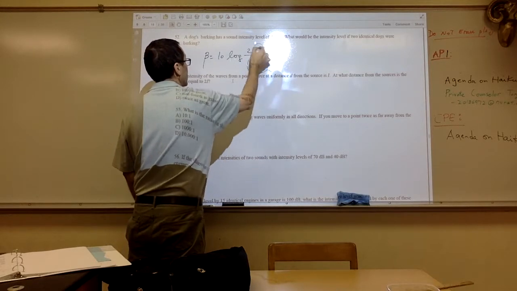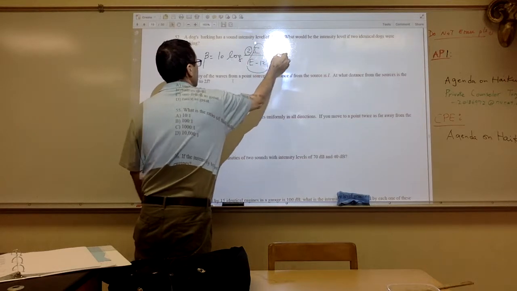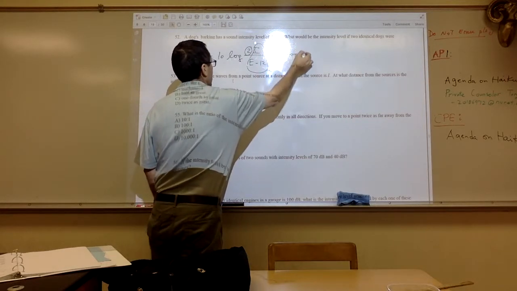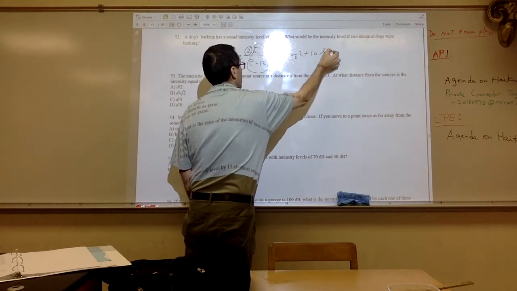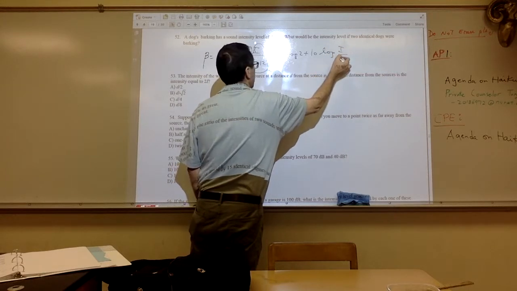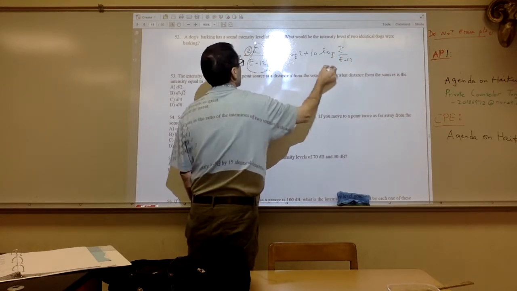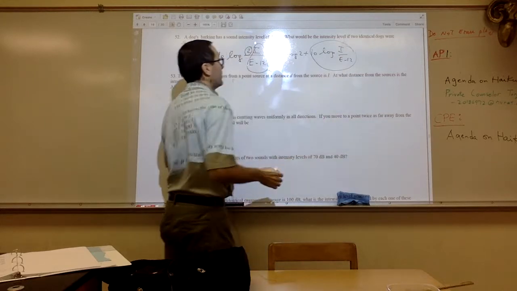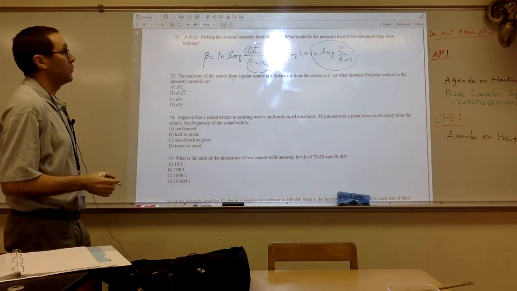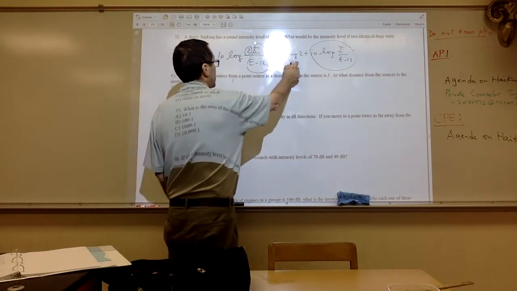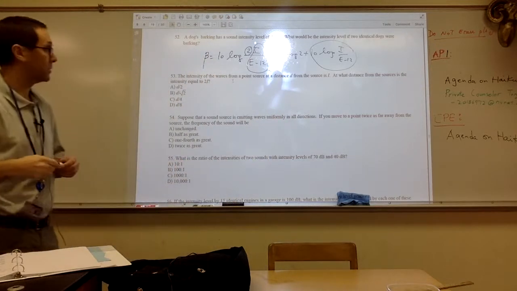So if you separate this, it's going to be 10 log 2 plus 10 log I over 10 to the negative 12. Now this is the intensity level for 1 dog. So that's 40, and if you do 10 log 2, you get an additional 3. So that should give you 43.